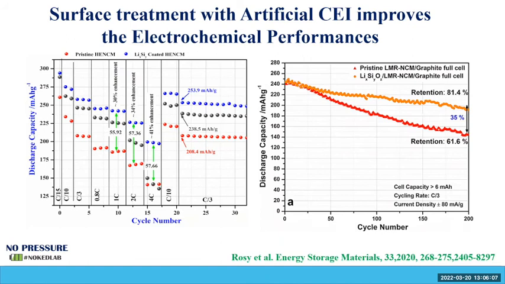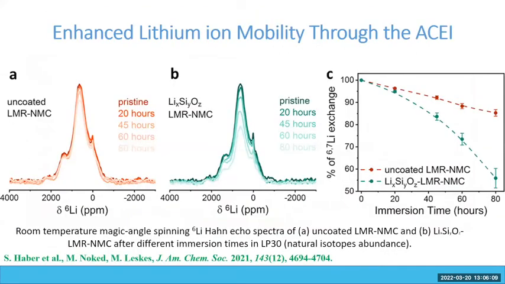Now, another thing that Michal is capable of doing is really following the mechanism, or the lithium-ion mobility, not only through electrochemistry that I showed you before, which is a very good indication. What we did here is we cycled the battery in lithium-6, so in an isotopic lithium environment, enriching the cathode material with lithium-6.